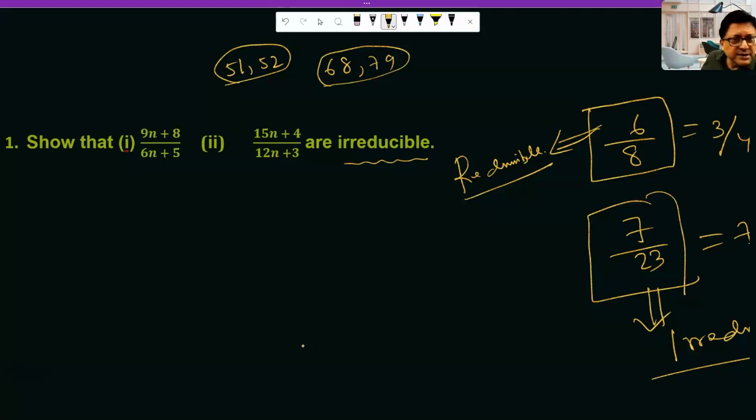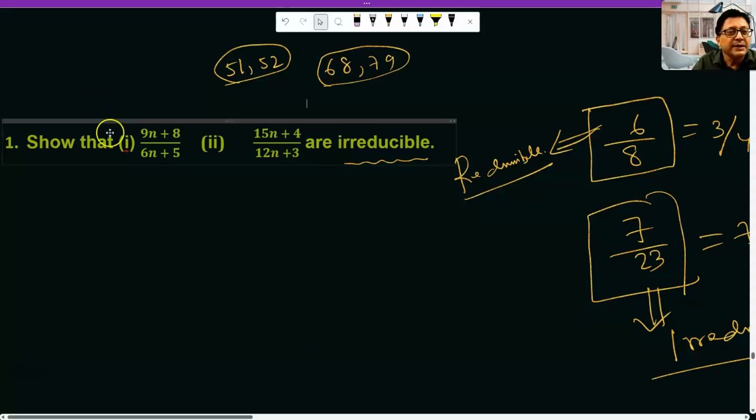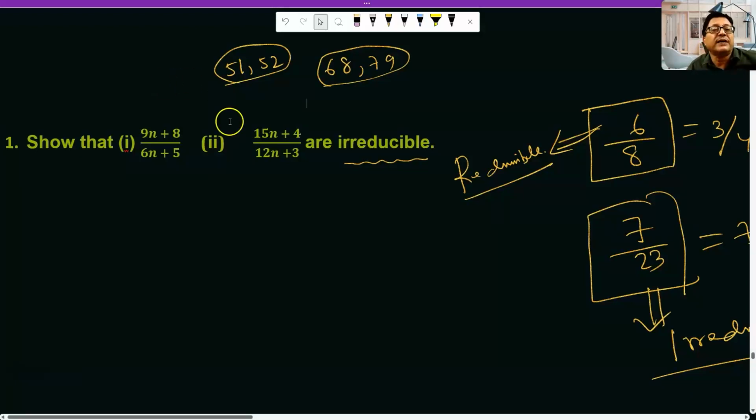We will find their GCD, the GCD of 9n plus 8 and 6n plus 5. Then we will decide: if GCD equal to 1, there is no common factor. If GCD is not 1, there is a common factor, and then I have asked a wrong question. Let us see what the GCD between these two numbers is.